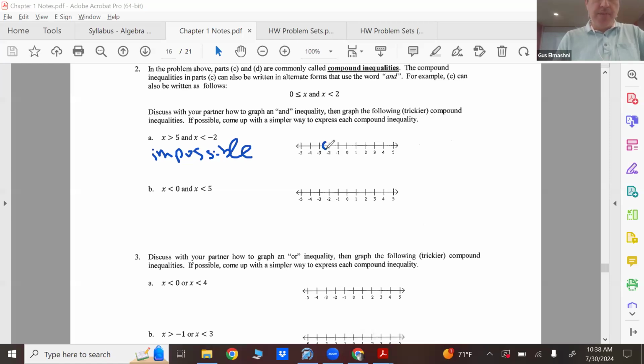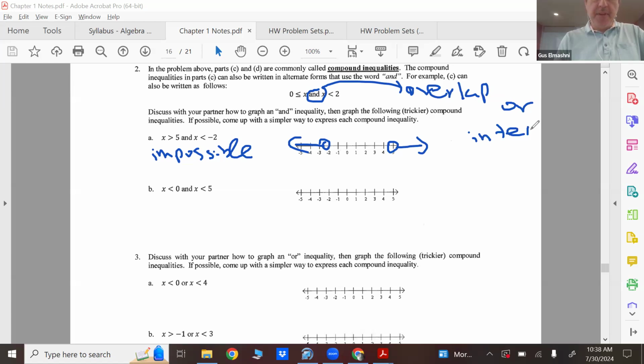Sure, I can shade that, and I can shade that, but there's no overlap. In the "and" situation, there has to be an overlap, or an intersection. These clearly do not overlap, so this is impossible.